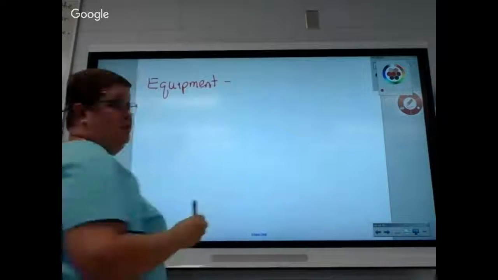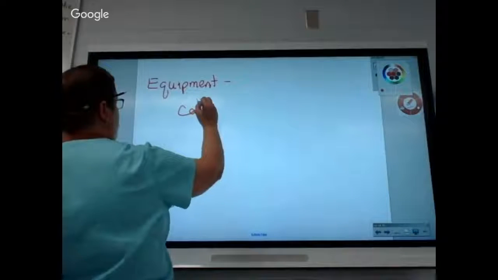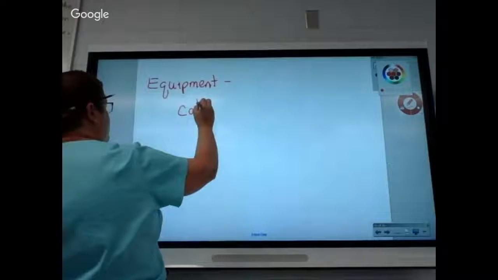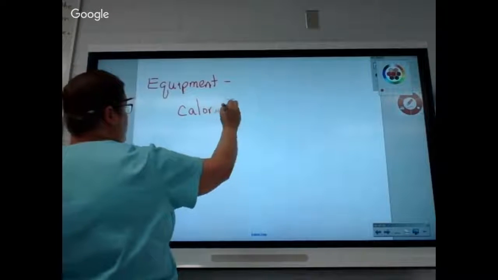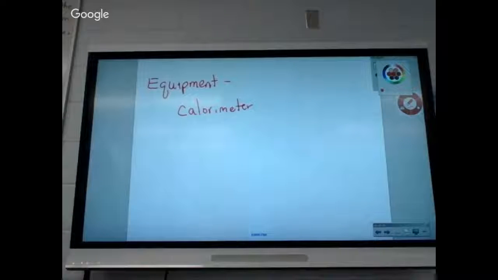So, what equipment do we use to find heat? We're going to do this later in the semester because we're going to come back. All right, we're going to use a calorimeter. It's a lovely, expensive piece of equipment that's insulated, and has holes for the thermometer and everything else.